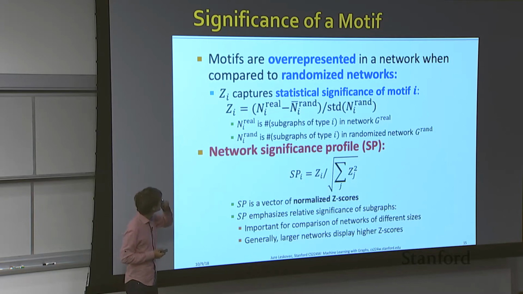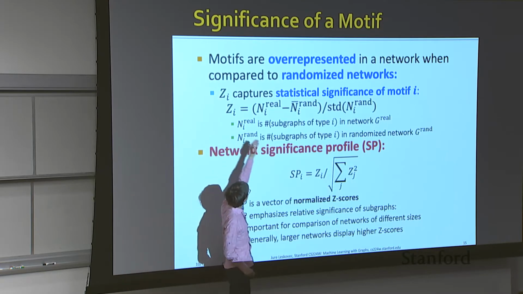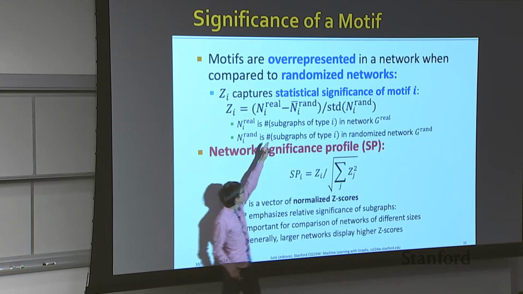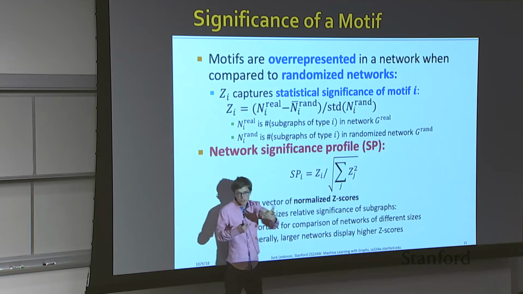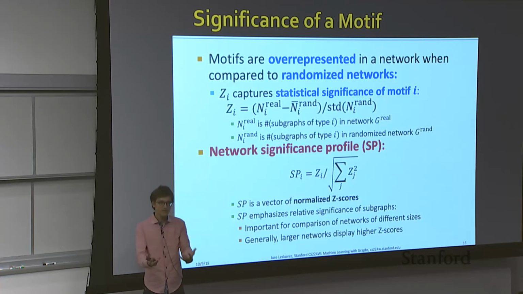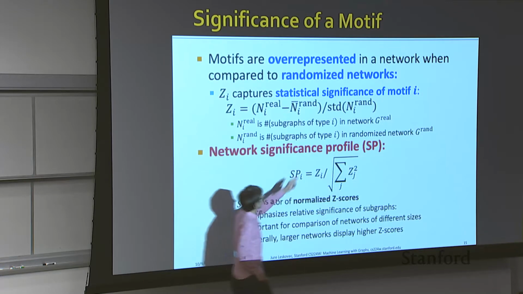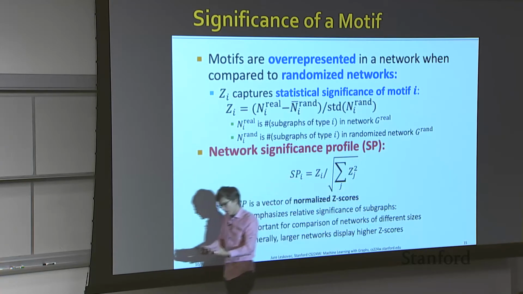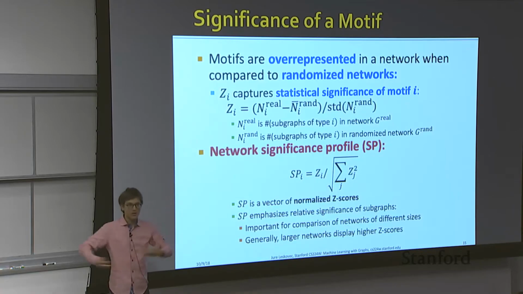And the way you compute it is you say the z-score of motif i is the number of times motif i appears in a real network, minus the average number of times this motif i appears in a randomized version of that same network, divided by the standard deviation of the number of motif instances across this ensemble of random networks.